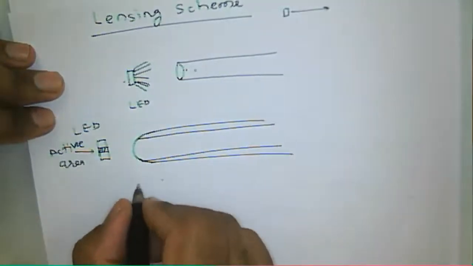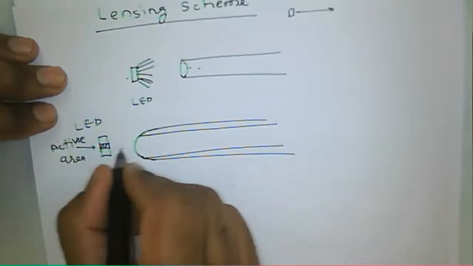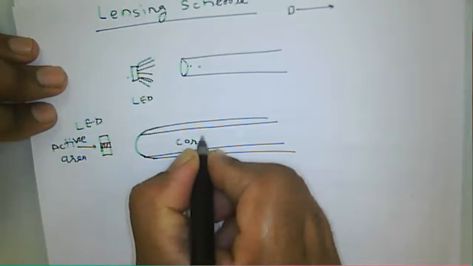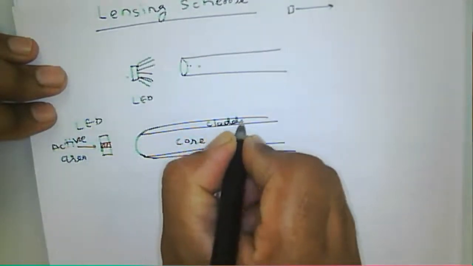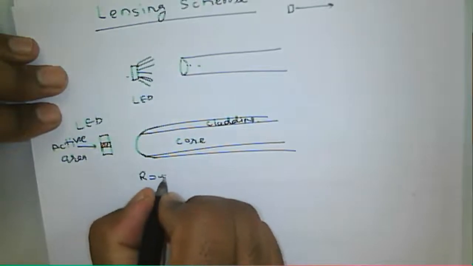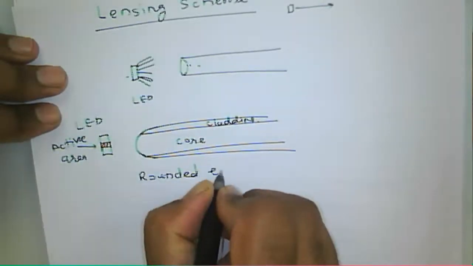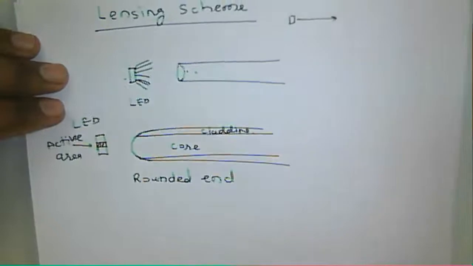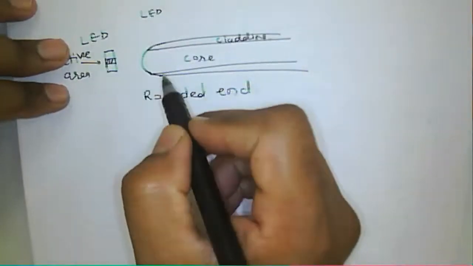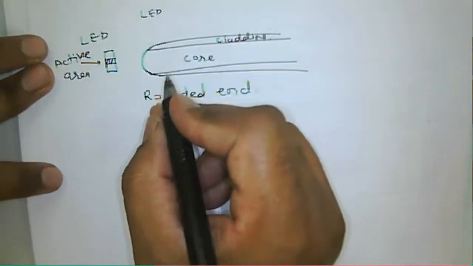The end of the fiber means where we are coupling the power. This one is the core, and this one we say is the cladding. So we will use that rounded end, so that more power will be coupled there.